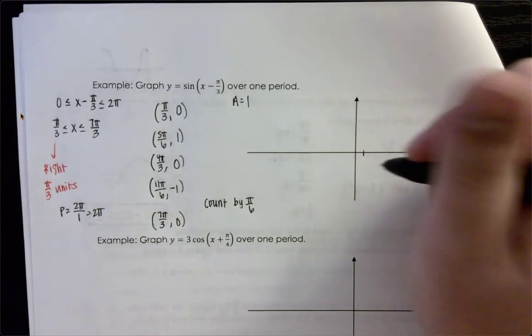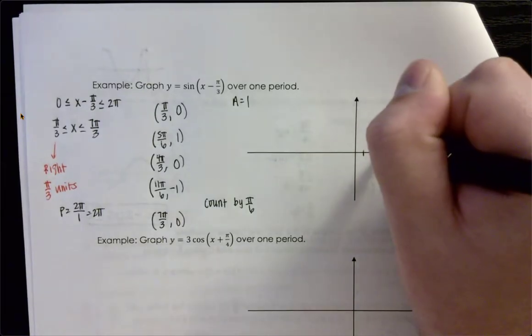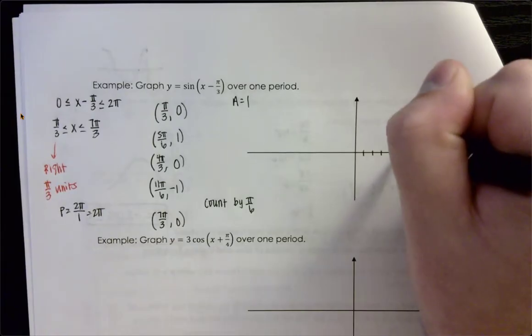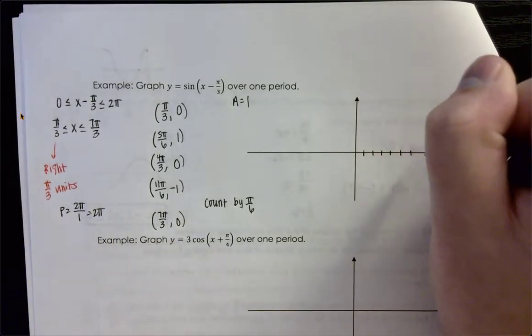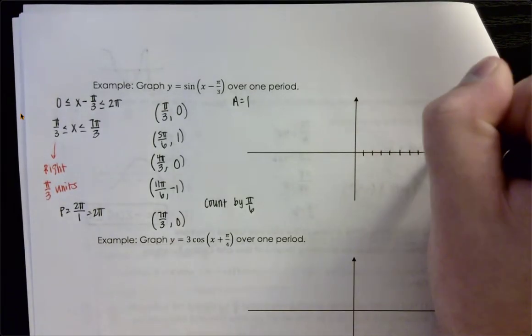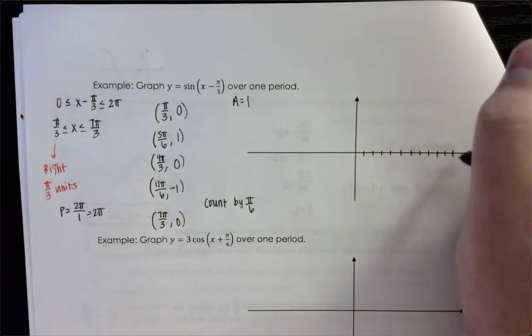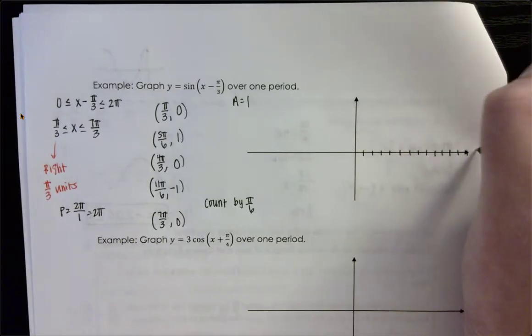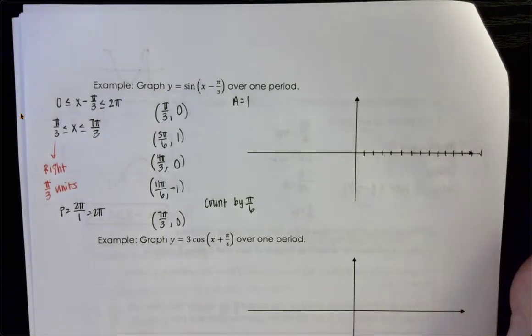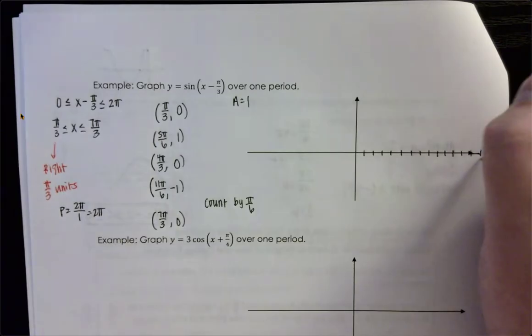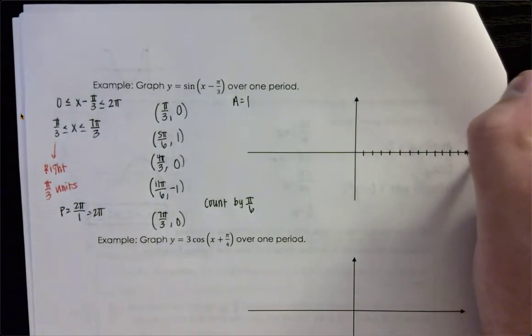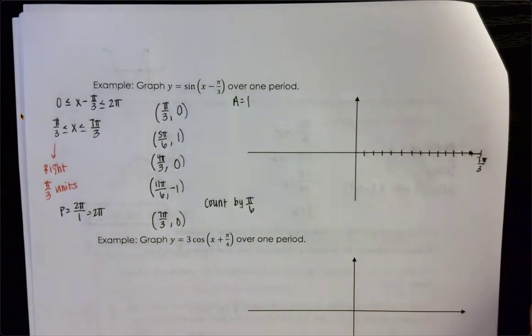Okay, 1 pi over 6, 2 pi over 6, 3, 4, 5, 6, 7, 8, 9, 10, 11, 12, 13, 14. 14 pi over 6 is 7 pi over 3.